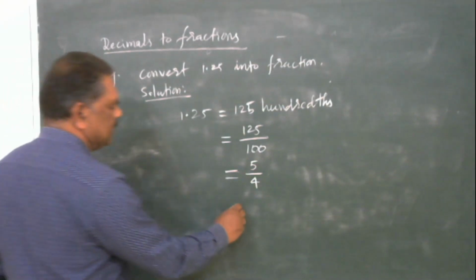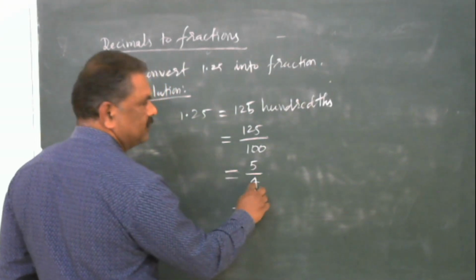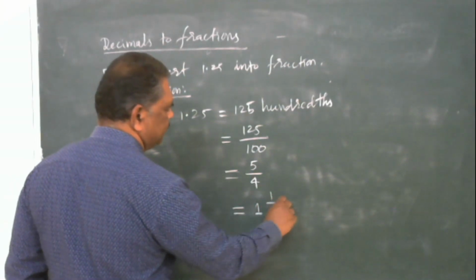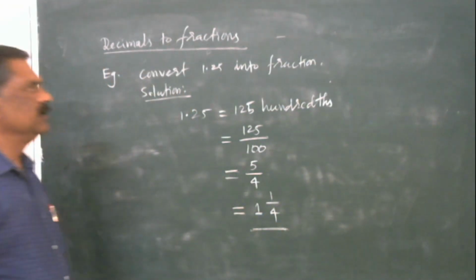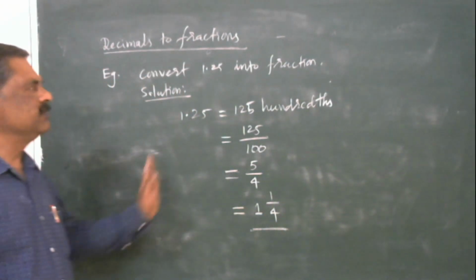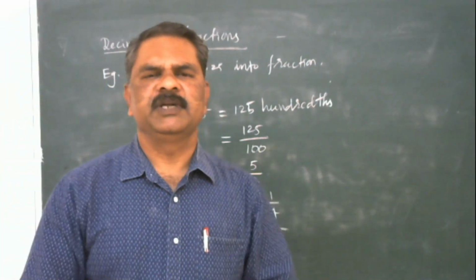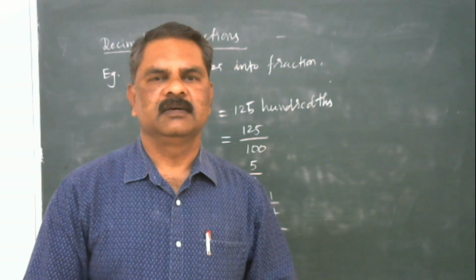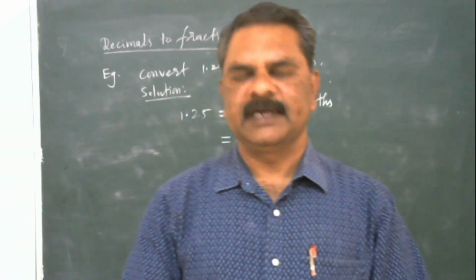And if you want, you can write this as a mixed fraction. 1 fours are 4, remaining 1 by 4. So 1 1/4 is the fraction. Converting decimals into fractions is very easy. Just use the place value chart. Okay, that's all. Fraction into decimal, decimal into fractions.